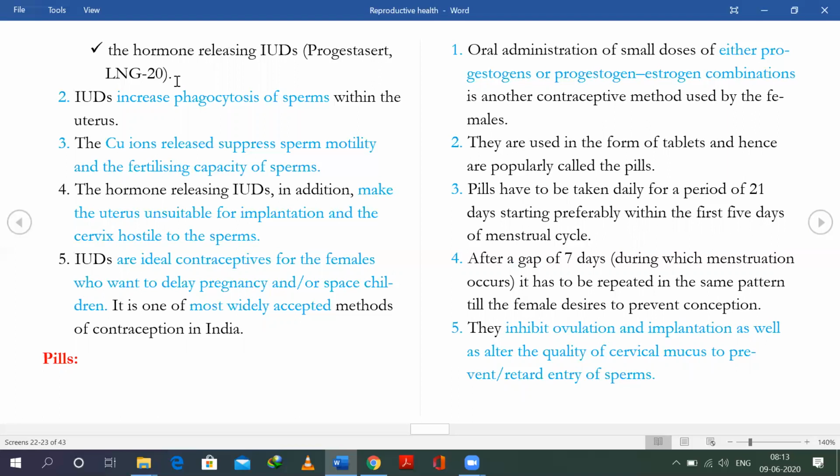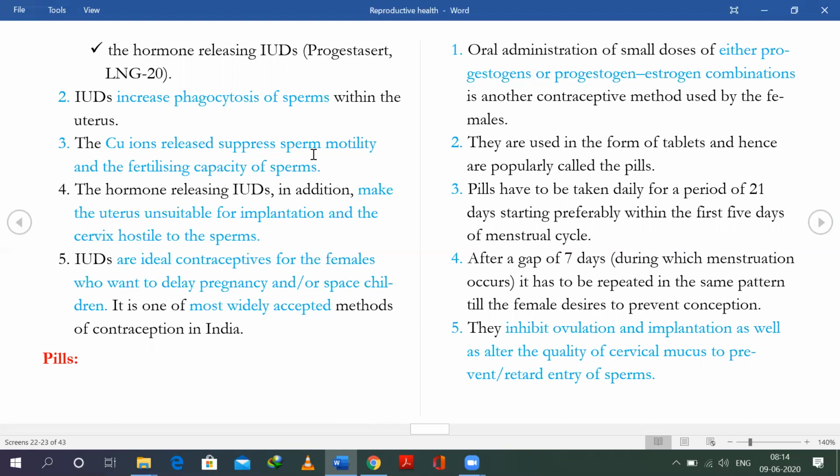And now, what is the function of the IUDs? IUDs in general increase the phagocytosis of the sperms, including the non-medicated one, right? They increase the phagocytosis of the sperm within the uterus. And when you take the copper releasing IUDs particularly, the copper ions released suppress sperm motility, right?